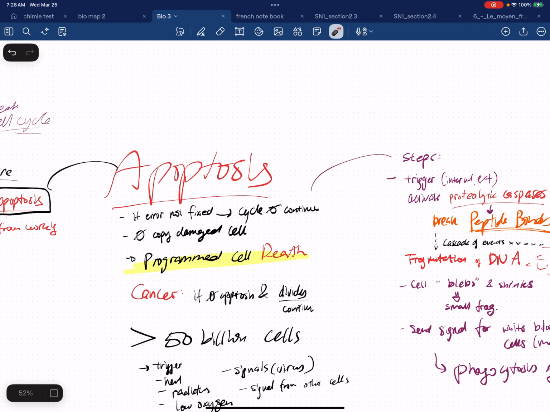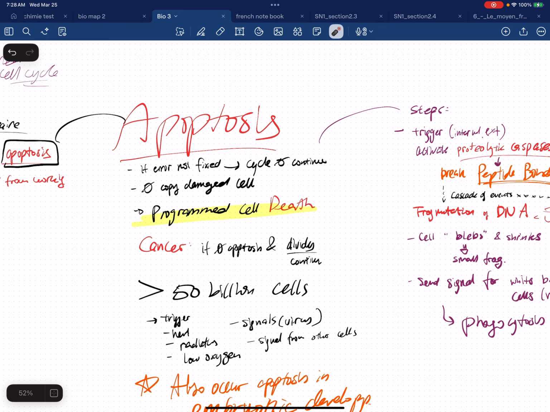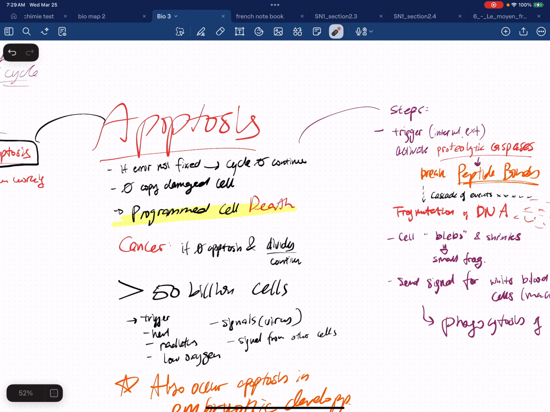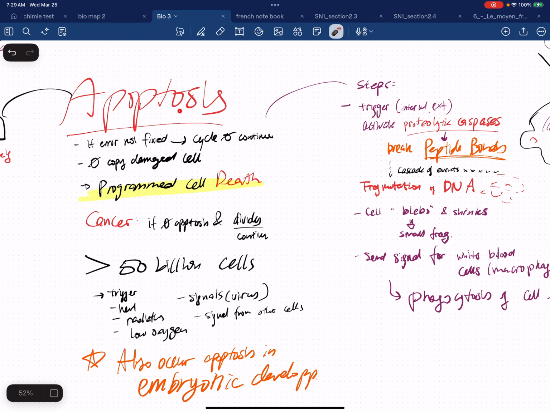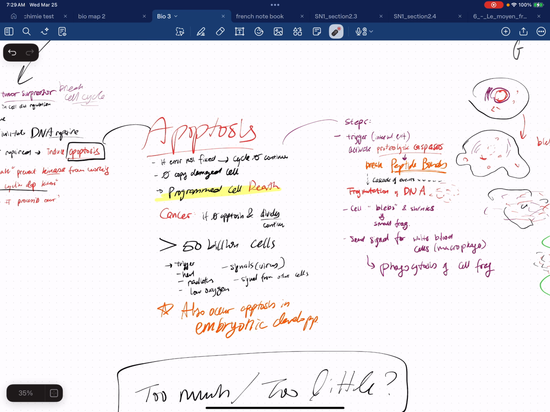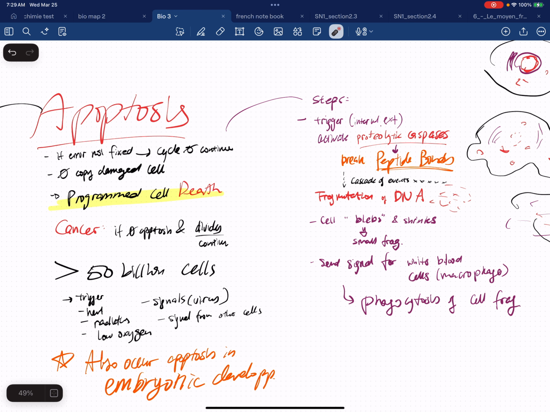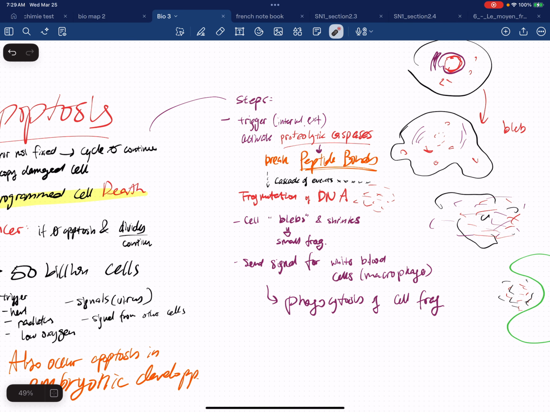Apoptosis is programmed cell death that is done because there is no way to treat the damage, and the body will not copy damaged cells, so they go through apoptosis. But if there is not enough apoptosis, what happens is cancer, because dividing will continue forever, and these bad cells that are supposed to die will not die and keep dividing, leading to cancer.